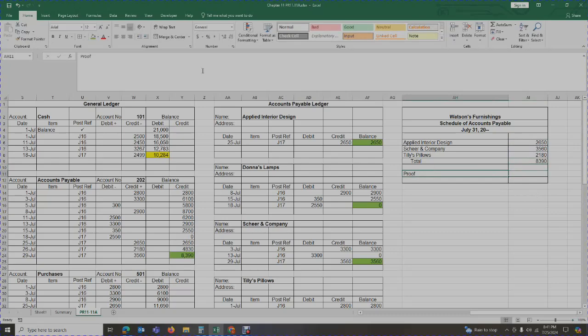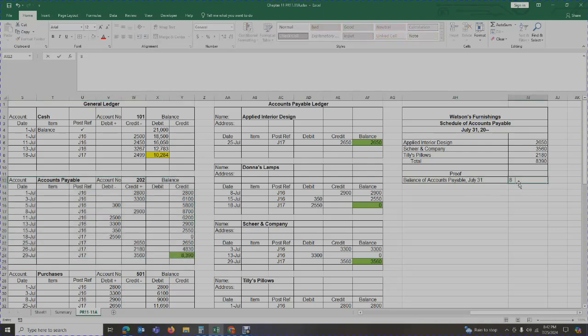Okay, so I'm going to bring in my balance of accounts payable on July the 31st. And my balance on my accounts payable is this number right here. This is your accounts payable ledger. We're going to pick up that ending balance, okay?